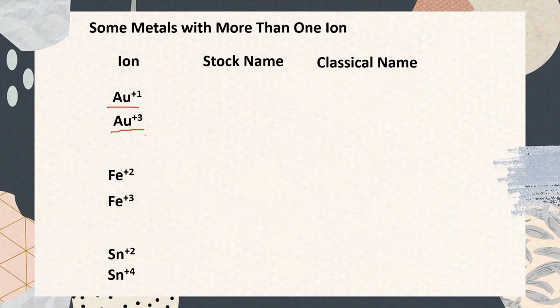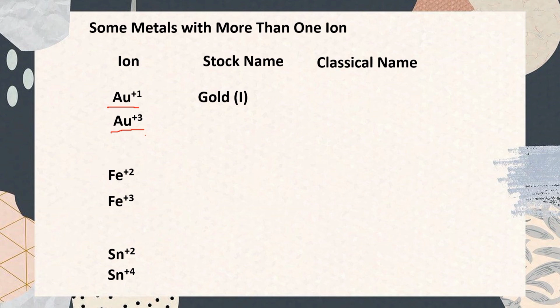We simply get the whole name of that ion followed by a Roman numeral indicating its charge written in the parentheses. Therefore, it will be written as gold 1.